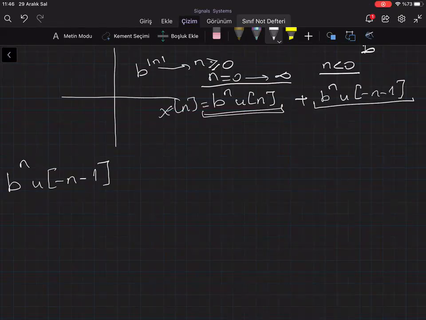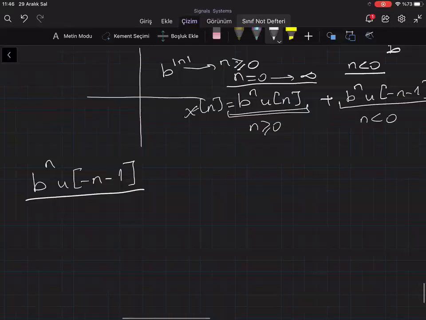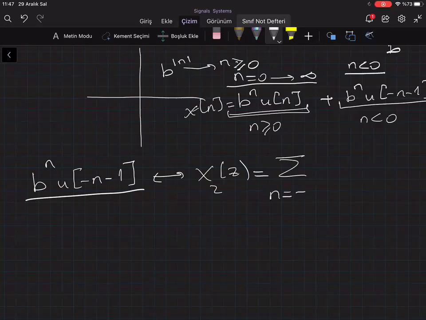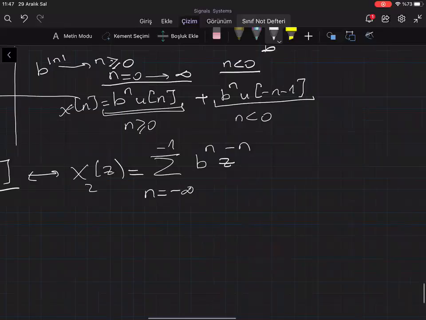This is the part n greater than or equal to 0. This is the part less than 0. So for this part, how do I start? I write this: n from minus infinity to minus 1, b to the power n, z to the power minus n. I used my z transform formulation.